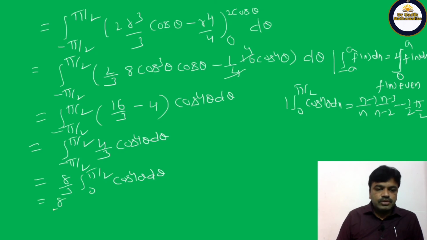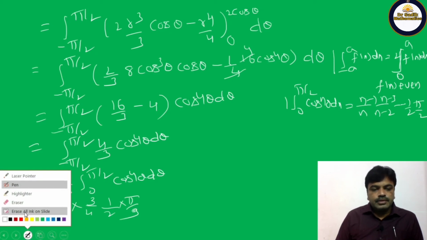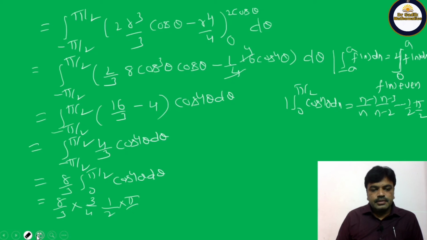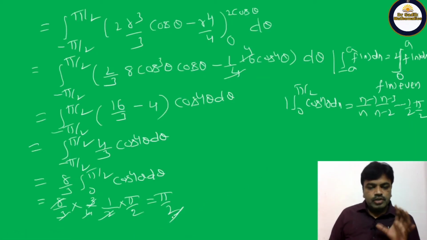Remember this, friends. So that is equal to 8 by 3 into, in the denominator 4, numerator 3, again denominator 2, numerator 1, into pi by 2. So here 2 4s are 8, the 3 cancels, and finally we get pi by 2. This is the volume of the given bounded region.